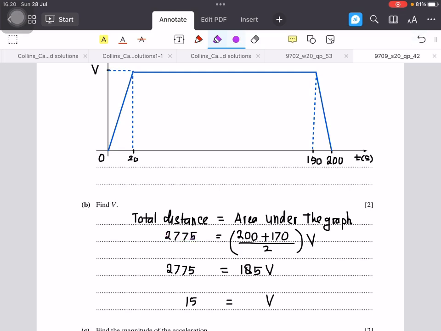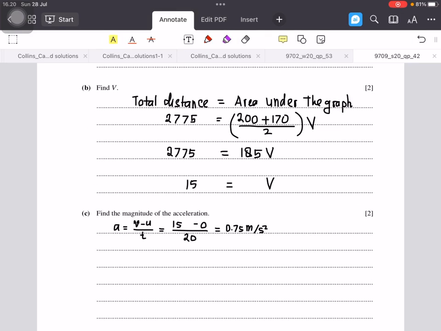And for the area, we are using the area of the trapezium: the sum of the parallel sides, 200 plus 170, divided by 2, times the height of the trapezium, which is v. Solving this equation, we can find the value of v is equal to 15.